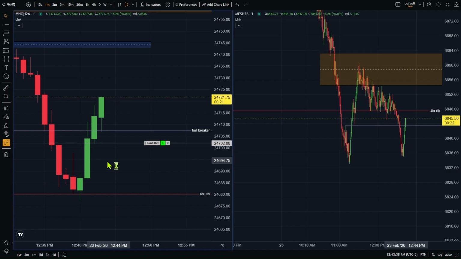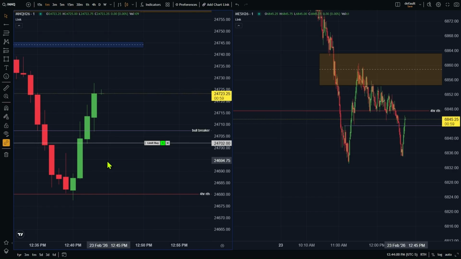But hopefully I'll get filled. Oftentimes when it does make that higher low, you'll see a pretty good push up.